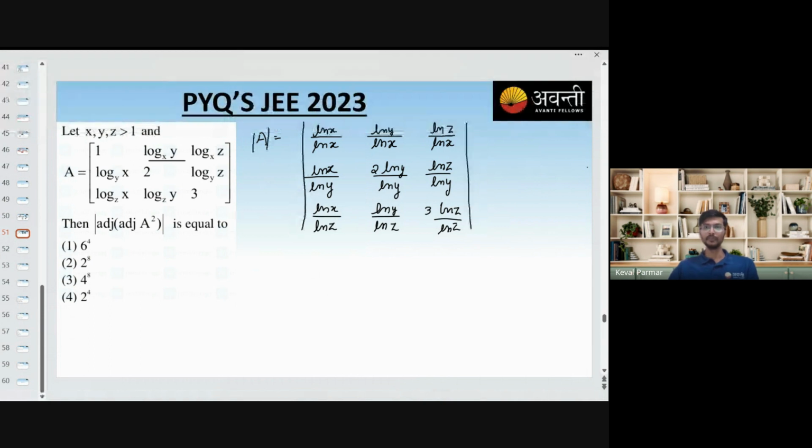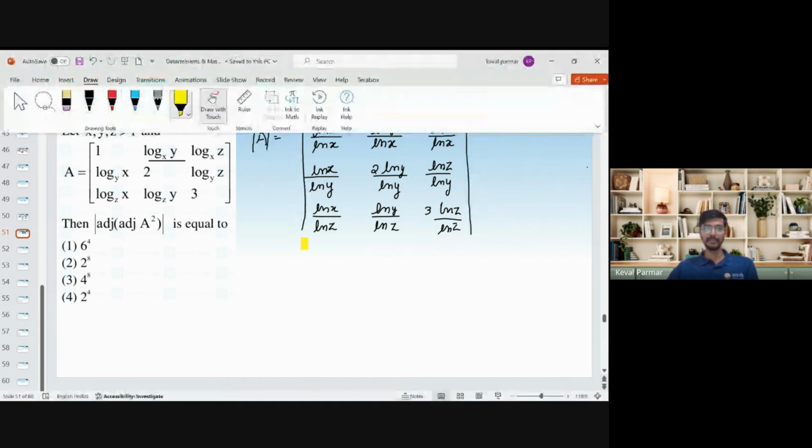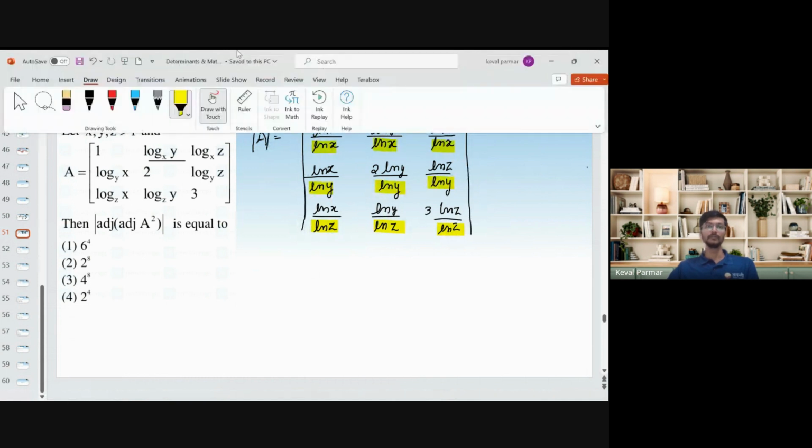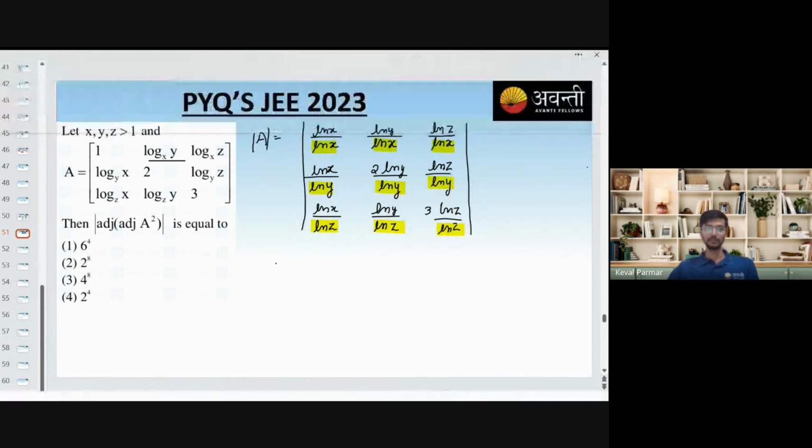So if I try to take common, what is the common here? Let me highlight. It is ln z from the third row, ln y from the second row, ln x from the first row. So if I take common, I'll get 1 upon ln x, ln y, ln z into determinant of.